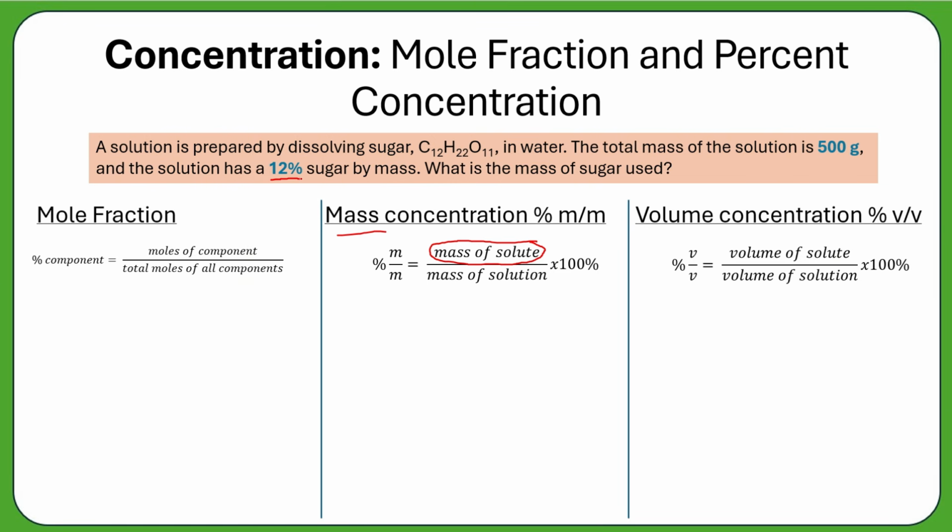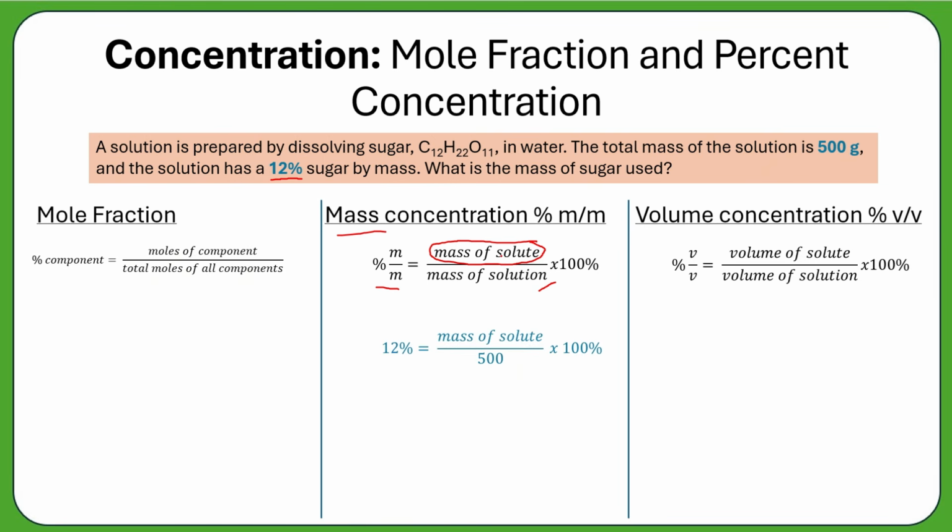Is it hard? No. This is still simply plugging in the values and then solving. Since we already know the percent mass and the mass of the solution, the unknown mass of the solute will be derived using those two.